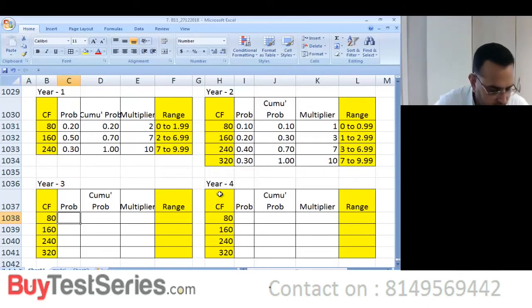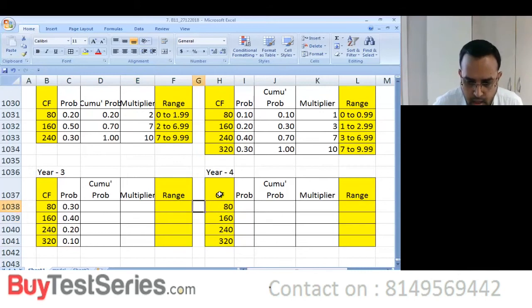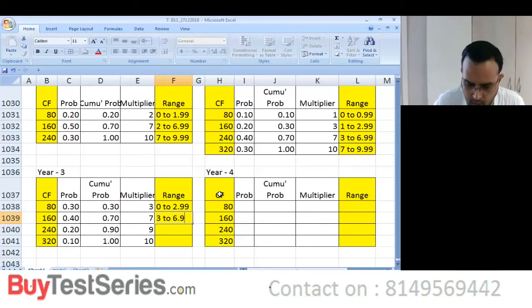Year 3 cash flows, probabilities are 0.3, 0.4, 0.2, 0.1. And the cumulative probabilities are 0.3, 0.7, 0.9, 1. Multipliers and range is 0 to 2.99, 3 to 6.99, 7 to 8.99, 9 to 9.99.